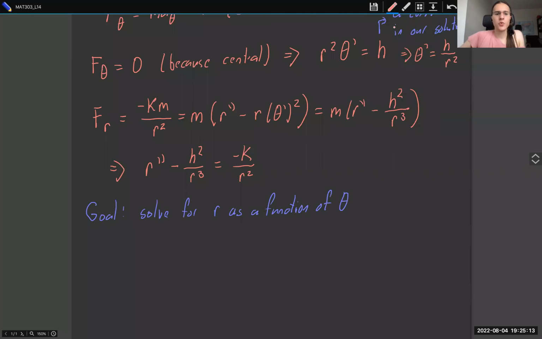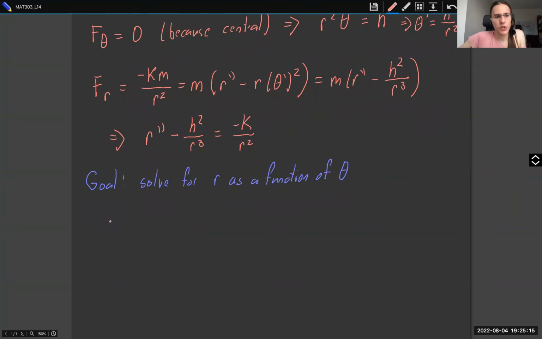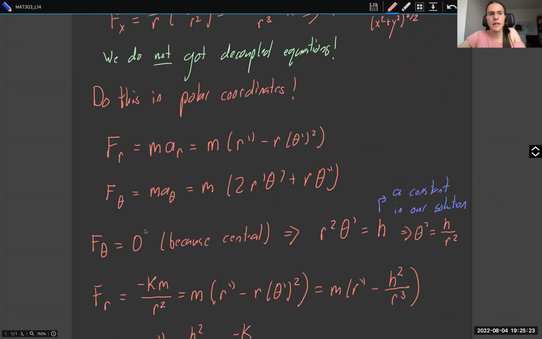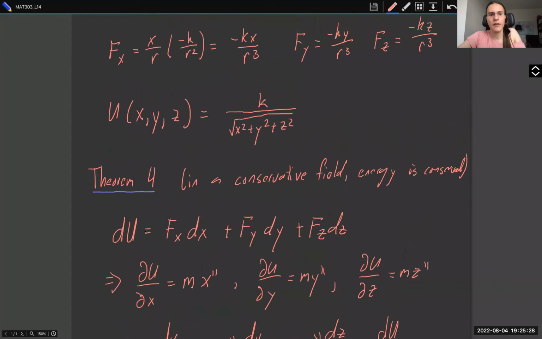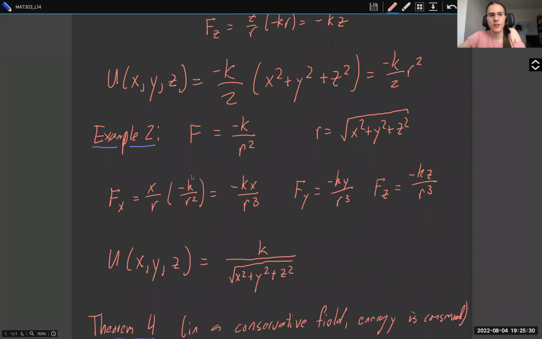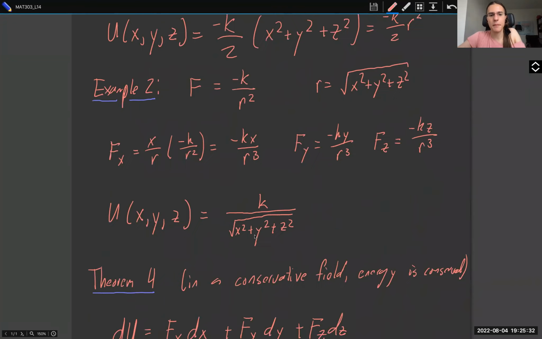So what we're going to do is we're first going to make a substitution. We're going to say that u is equal to 1 over r. Now, by the way, why am I using a lowercase u? Because if we go back to what we saw before with the inverse square fields, we saw that the potential energy can also be written as, of course, k over r, right?